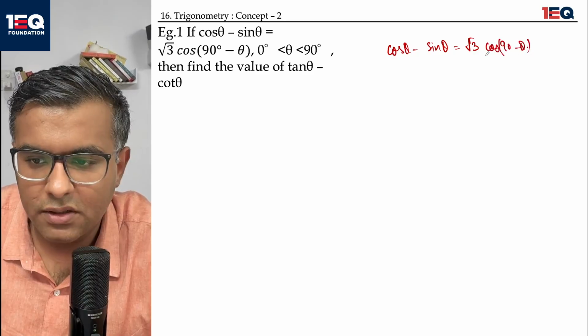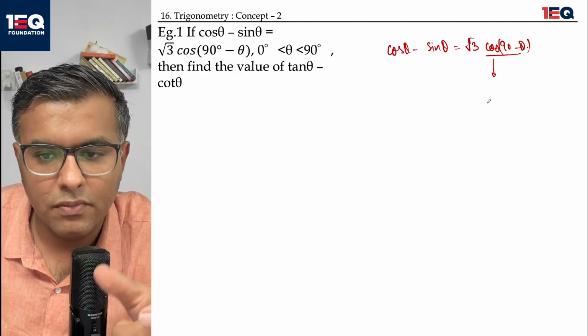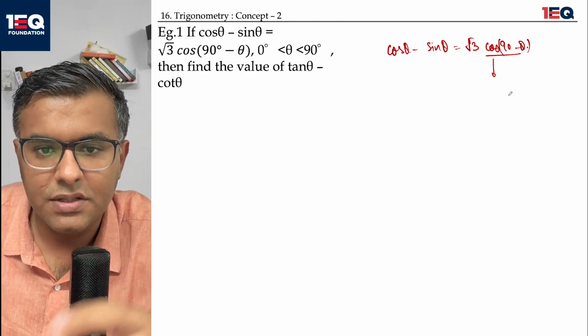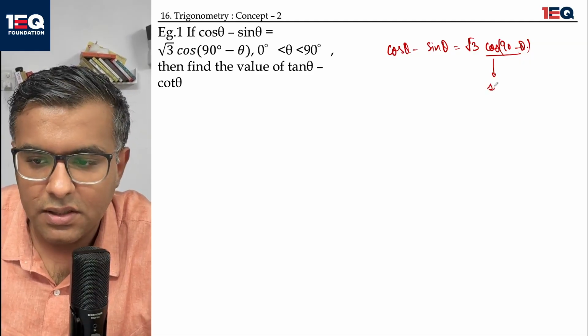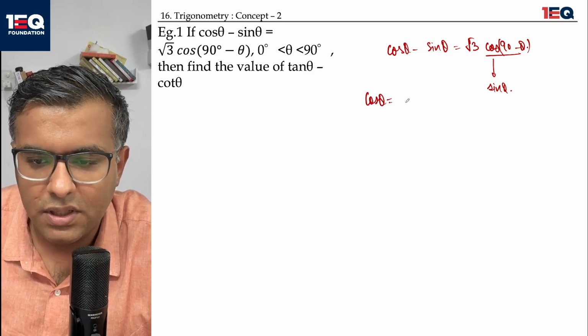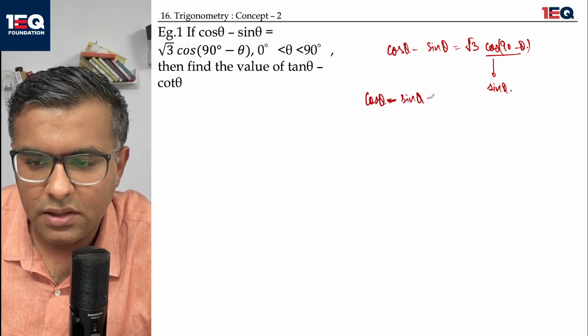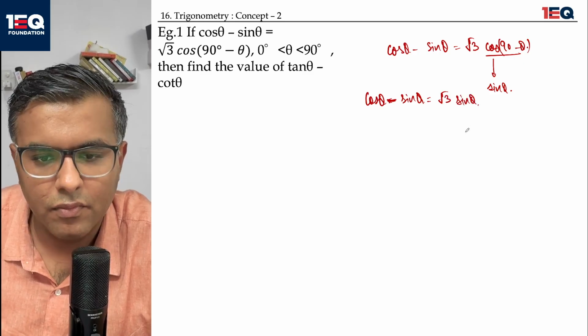I've already learned that at 90 the trigonometric ratio changes. It changes to its own complement. That means cos 90 minus theta is nothing but sine theta. So here cos theta minus sine theta is equal to root 3 sine theta, right?